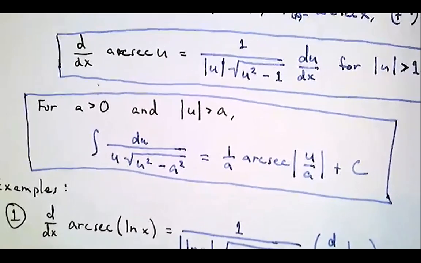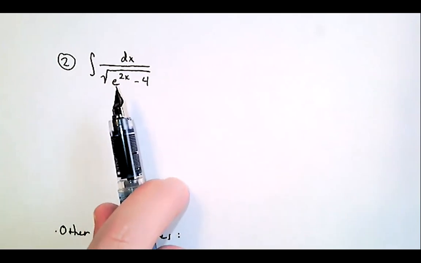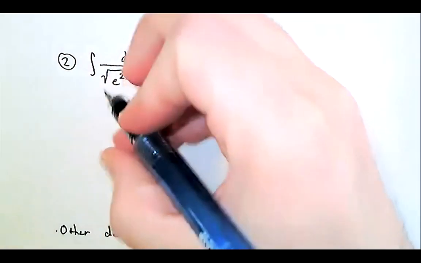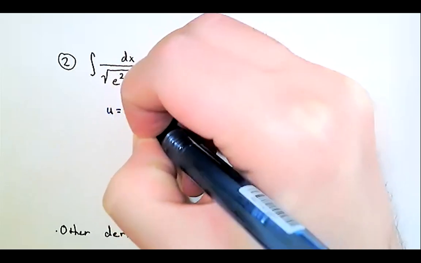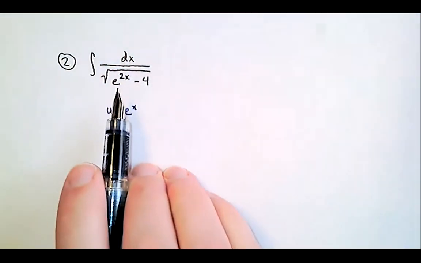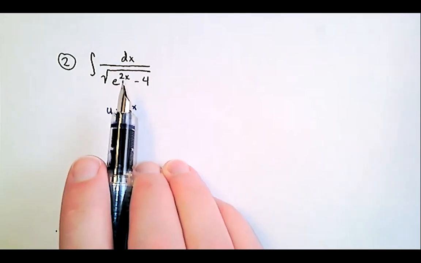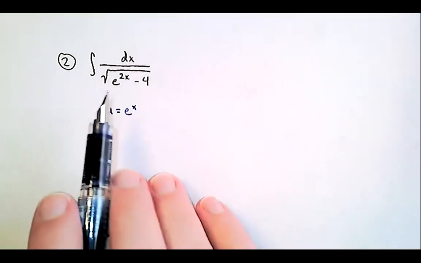And we're going to have to do a little bit of work to make it look like our new integral rule. So the first thing I want to do is a u substitution. Here I have e to the 2x in the denominator, and my u substitution is actually just going to be e to the x. And that way e to the 2x is u squared, because the exponent has been multiplied by 2.